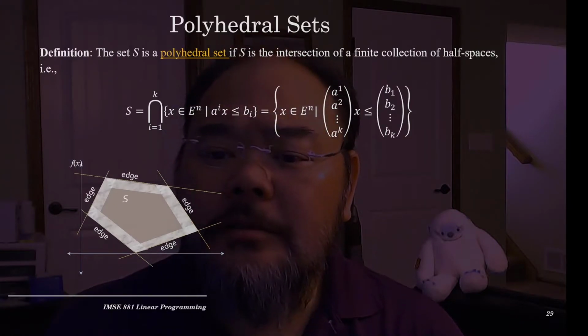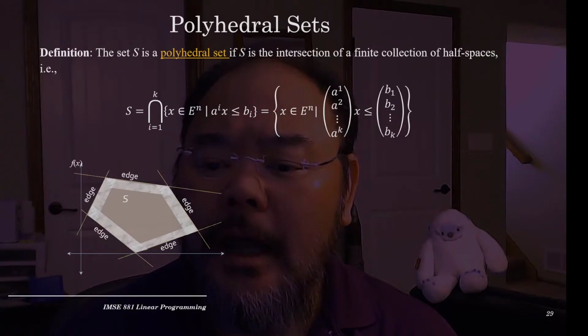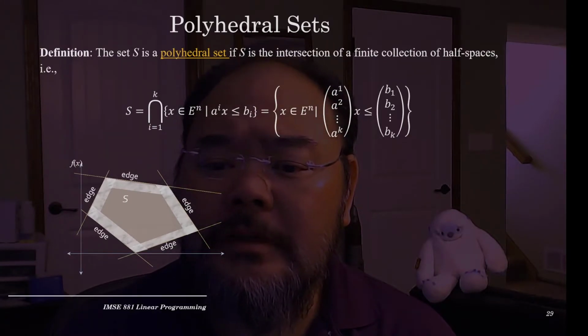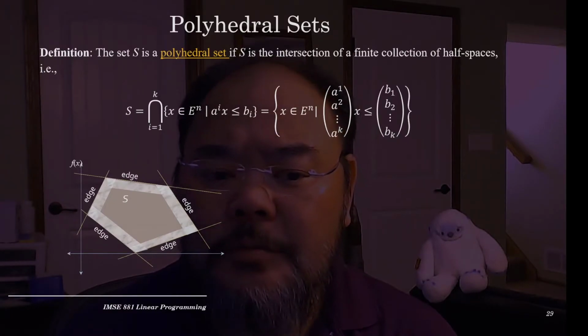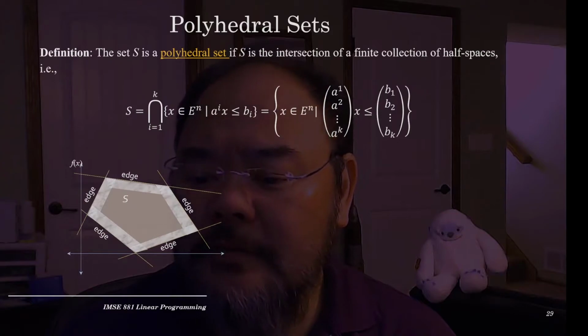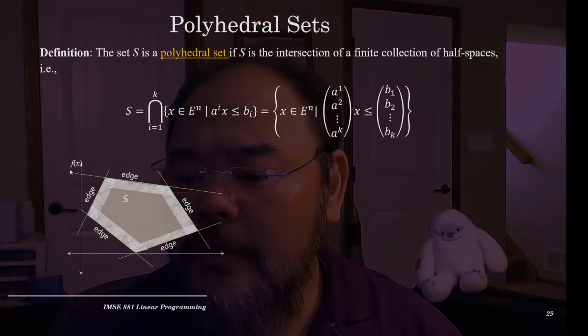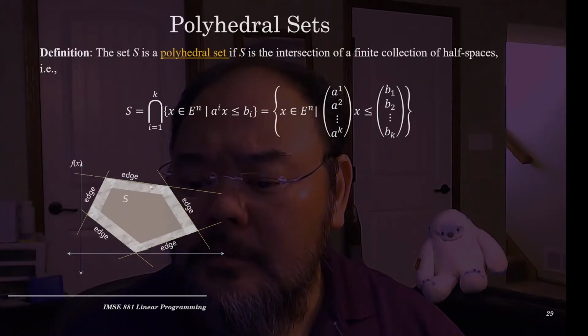This slide talks about polyhedral sets. A set S is called a polyhedral set if it's an intersection of a finite number of half spaces. We talked about half spaces already: if you can find a so-called hyperplane, a half space is either below or above this hyperplane.